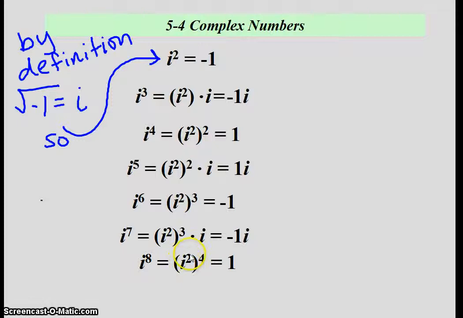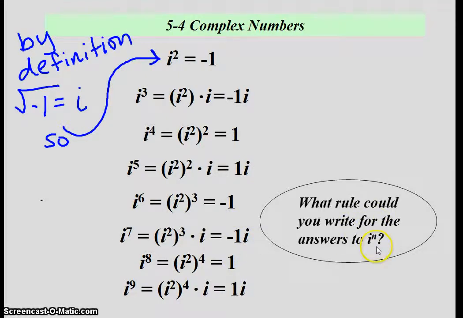So -1 times -1 would be +1, and then another -1 times -1, which would be +1, so I have an answer of +1. If I do i to the 9th, I will have one more i than these 4 pairs, so I would have just an extra i on this +1, so I have +1i.